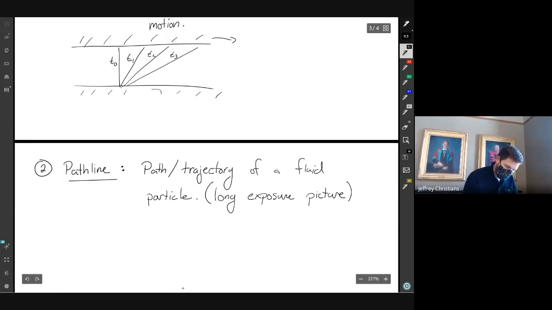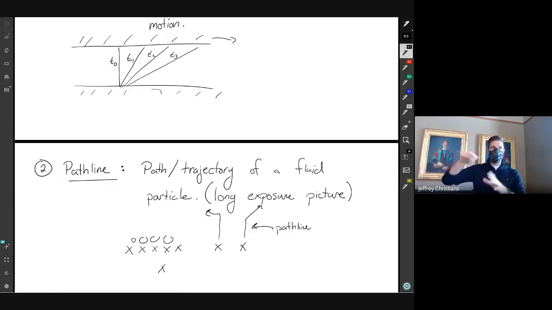I don't know, this is maybe not the greatest analogy, but if you have a football team, this is the route that the receivers ran, that's the path line. So it's showing the entire path that fluid particle, or that football player, ran.